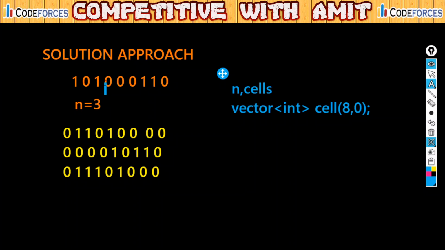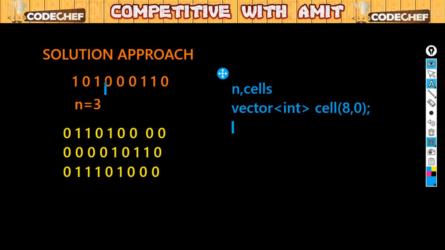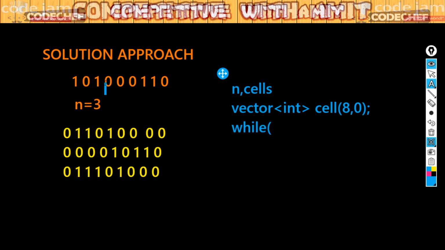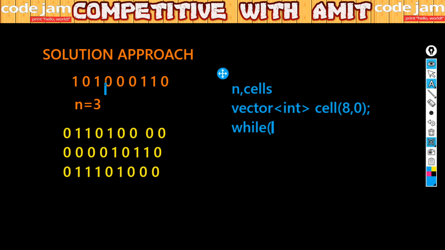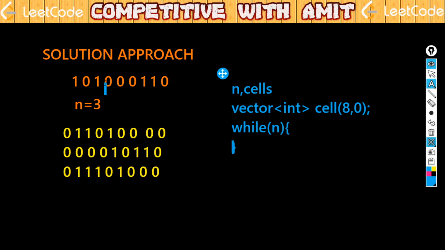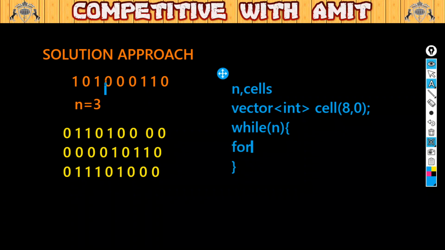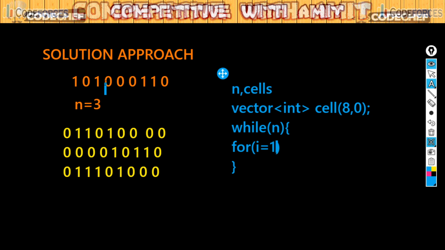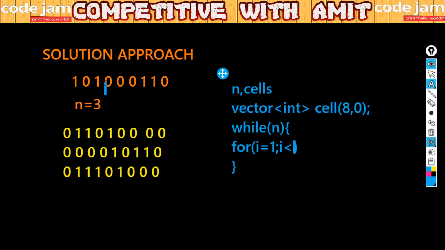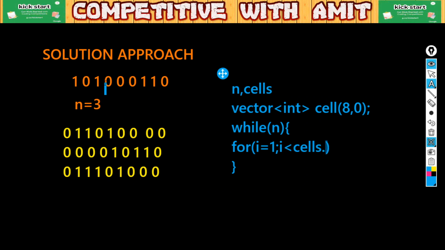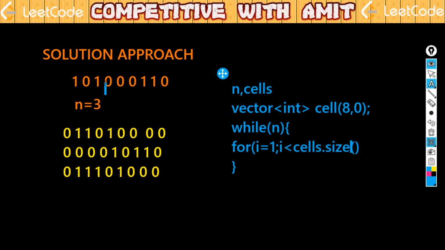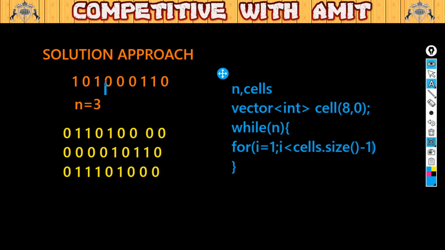Now I'll run the loop n times, which will be 3, and after every execution I'll iterate over all the values from i equals to 1 to i less than cells dot size minus 1, and i plus plus.